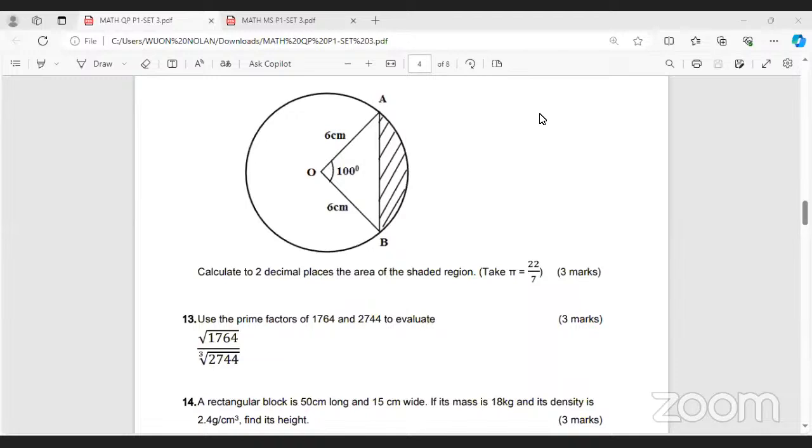Is there anyone who is getting a challenge in doing? Yes, I can see someone is getting a challenge in doing.